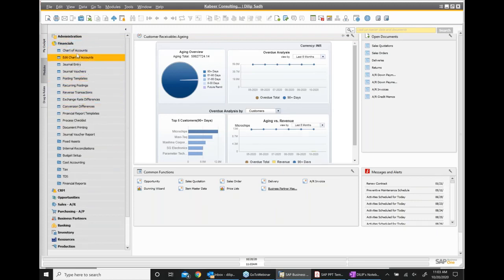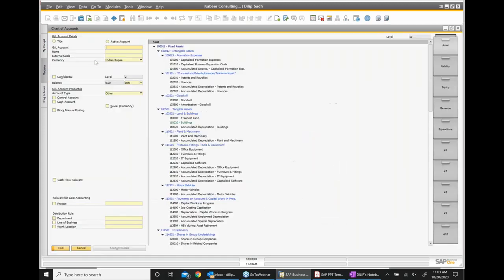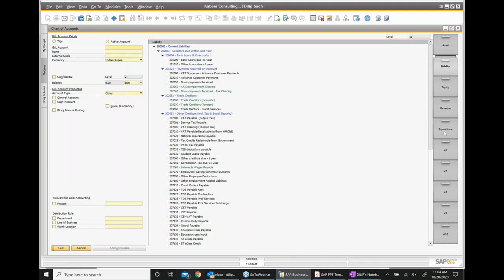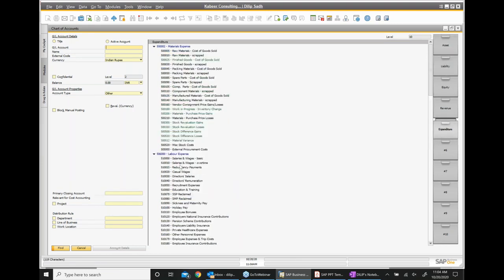We see that here in the finance, there is a chart of account. If you see the chart of account, this is where you define different buckets. You have assets, liability, equity, revenue, expenditures, and you can go to the 10 buckets, 10 drawers. If you click on the assets, these are all asset accounts. If you go to liability, these are liability accounts. If you go to expenditure, these are expenditure accounts.